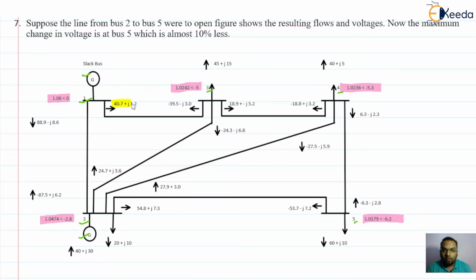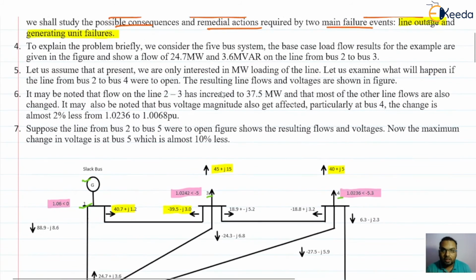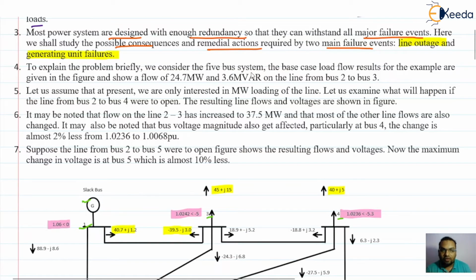The power flowing from bus 1 to bus 3 is shown in that direction, and in the opposite direction as well. For each line, the power flow is indicated. The power injected or delivered by all the buses is also mentioned in this figure. So first let us consider this 5-bus system. The base case load flow results for the example are given in this figure.